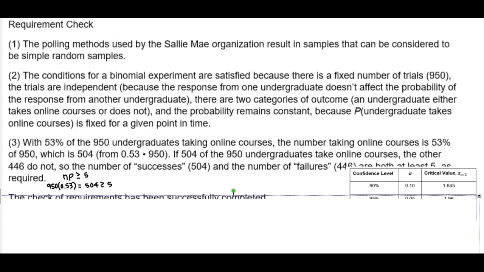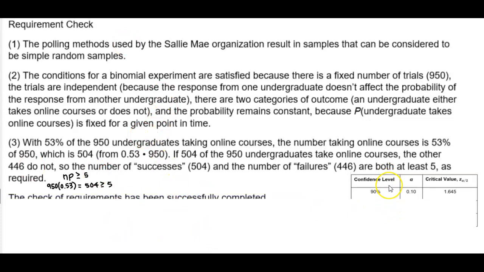Okay, now we also need to take a look at the failures, meaning those that did not take the online classes. If we know that the point estimate is 0.53, well, the complement is 1 minus 0.53, which is equal to 0.47.